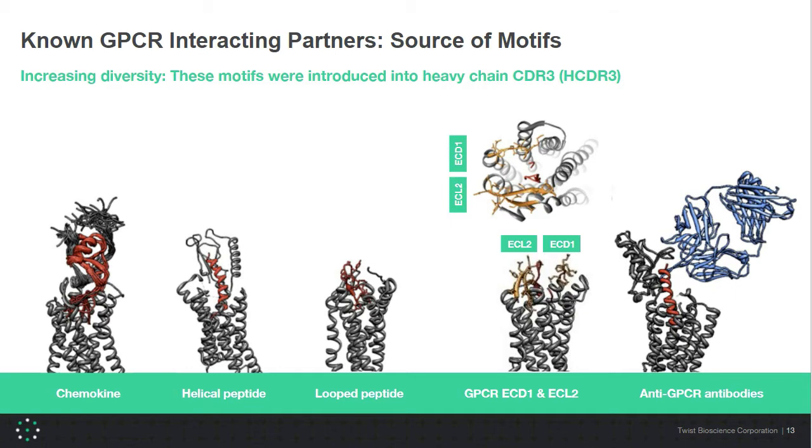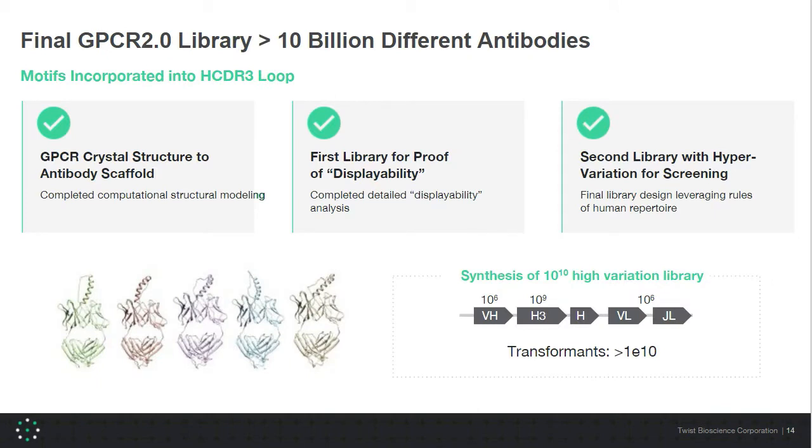So after about a year's worth of work, we looked at a number of different scaffolds. Again, these are all human-derived to basically hold this diversity. We did a huge amount of work to look at displayability of different heavy chain light chain pairs, as well as long heavy chain CDR3 stems that could accept these motifs. And then once we felt confident that we could display a long heavy chain CDR3 loop in specific human scaffolds, we then ligated in this huge oligo pool that encoded for all these motifs I just talked about into the final library.